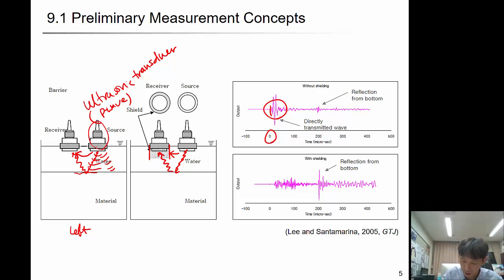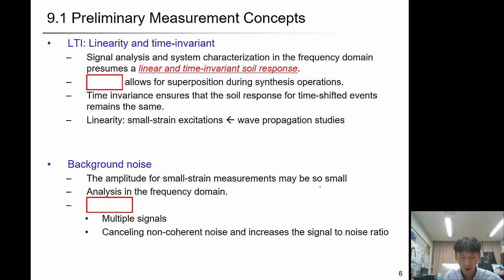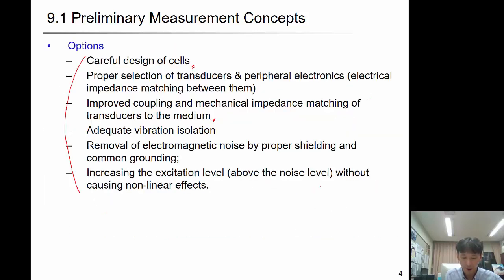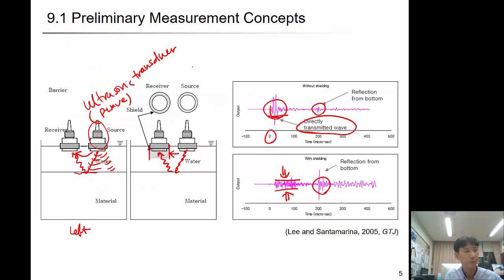You can see that this directly transmitted wave has been reduced by this much, and compared to the previous one, the reflection from the bottom becomes more evident. So this kind of careful design of the cell, careful design of your experiment, can improve your signal quality.